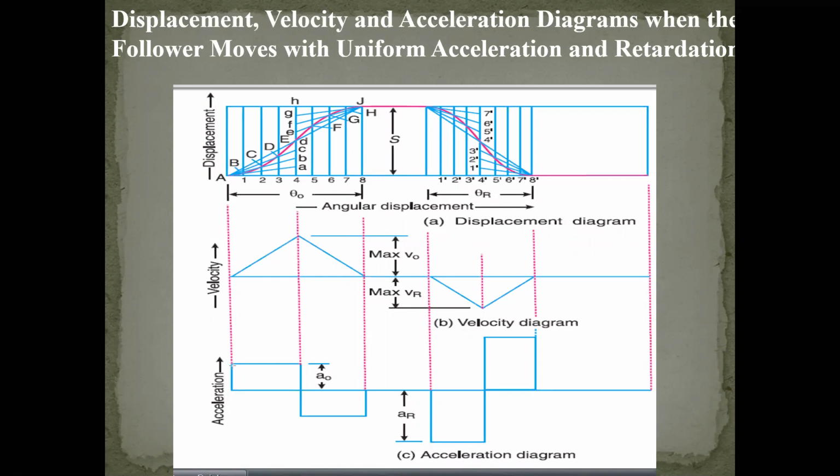From the acceleration point of view, at the beginning of the stroke acceleration is maximum, but when it reaches the mid of the stroke it goes to 0 again, and when it reaches the end of the stroke it again takes the maximum.